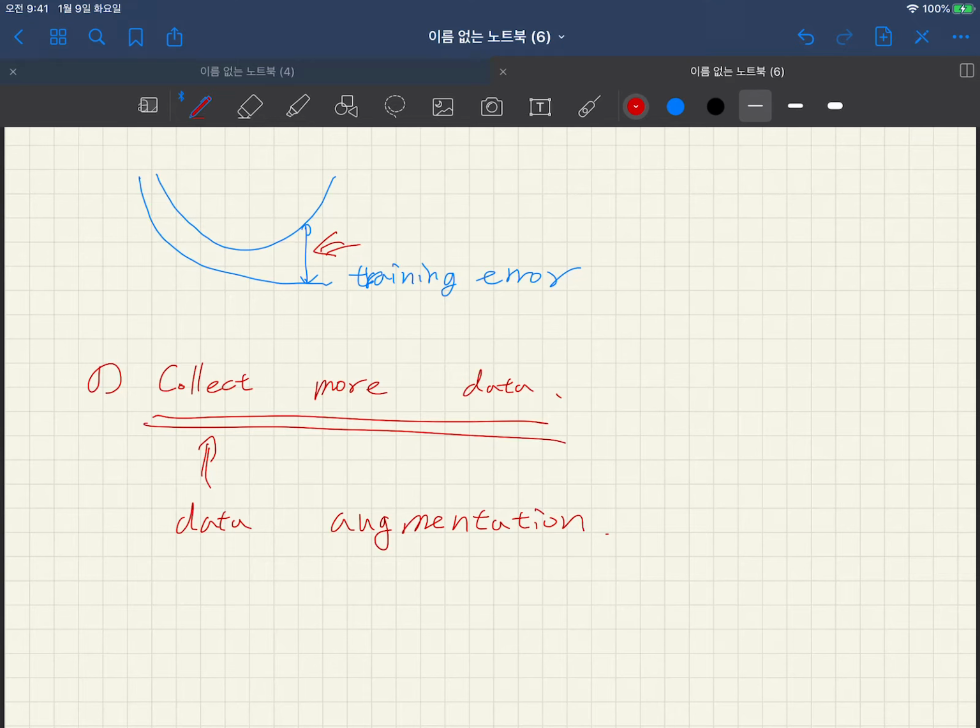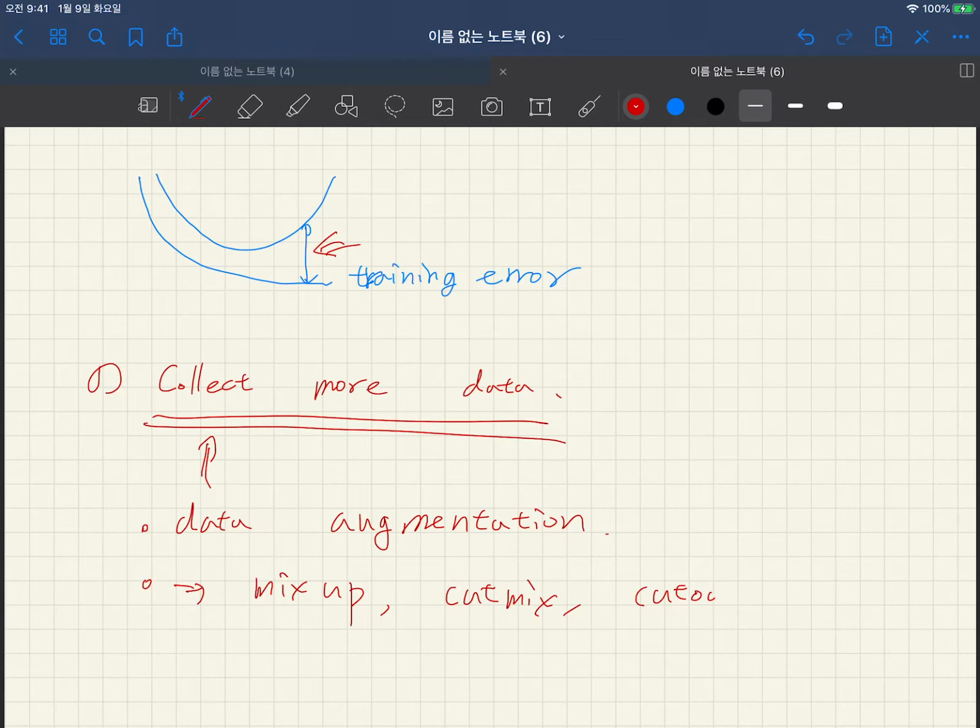Classical data augmentation techniques are just rotating your pictures, changing some colors, stretching or shrinking your original image, cropping your original image, resizing your image, and so on. That is a very classical data augmentation technique, because when you rotate or crop a little bit, your main object never changes.